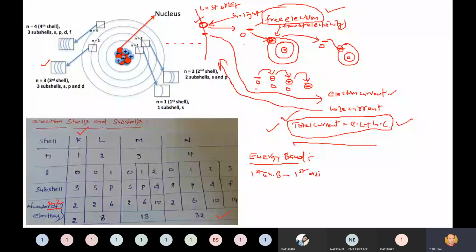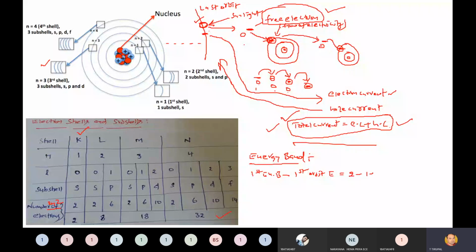By merging the energies of all electrons present in the first orbit. How many electrons are present in the first orbit? Only two electrons. So merge all the energies of the first orbit, 1 plus 1, for example, you get 2 joules. So this is called the first energy band.